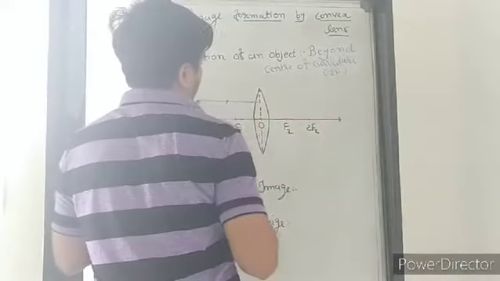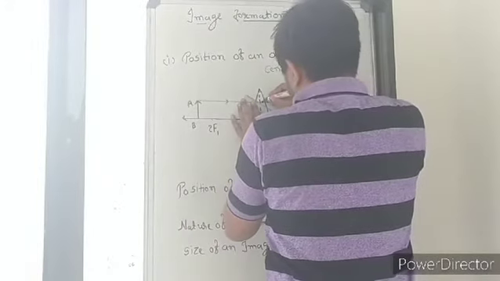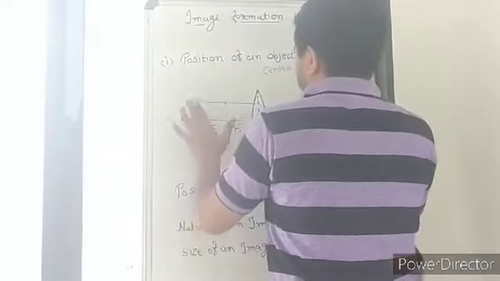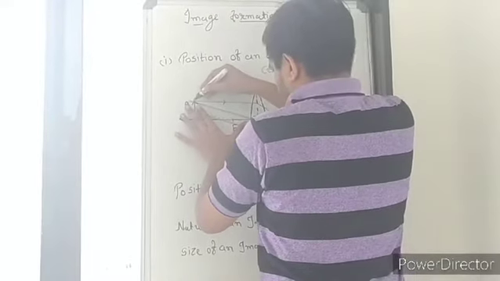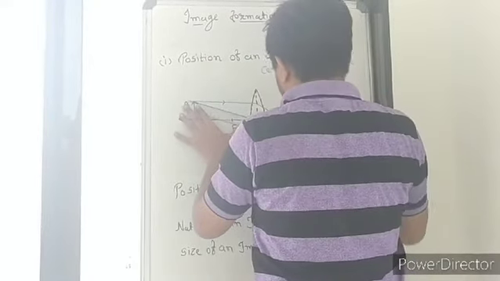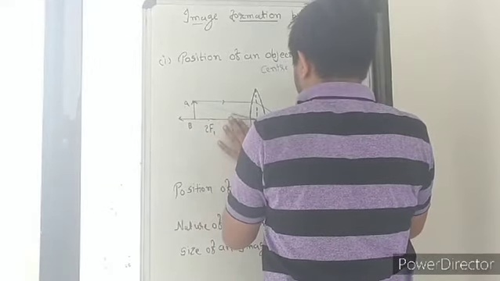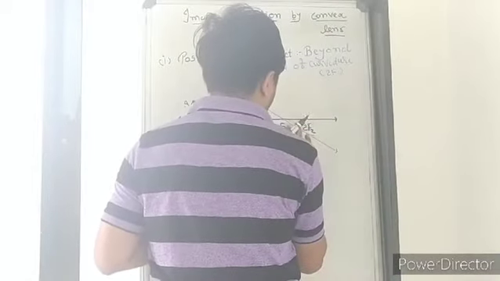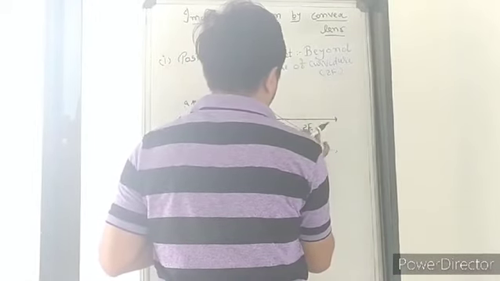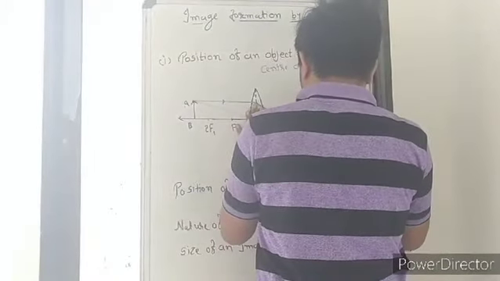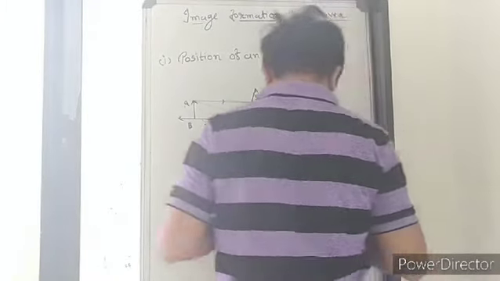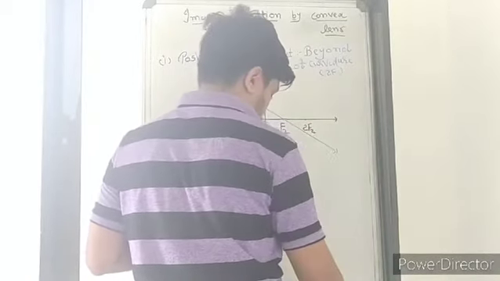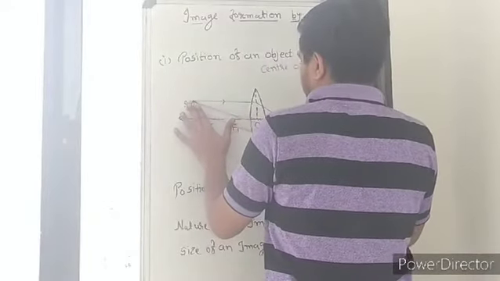After refraction, it will pass through F. And the second ray should pass through O, the optical center.